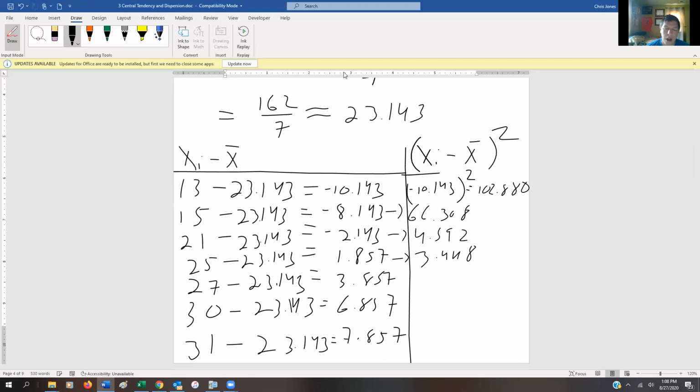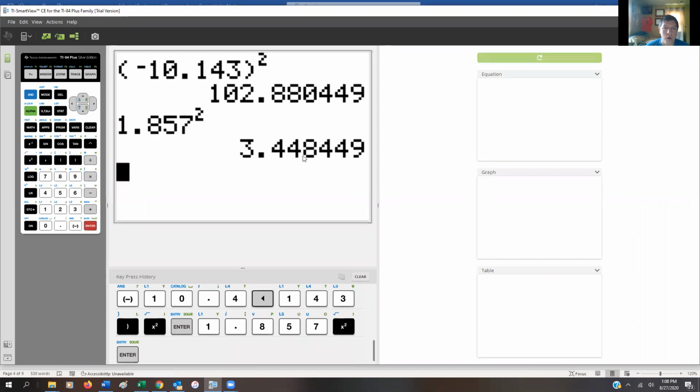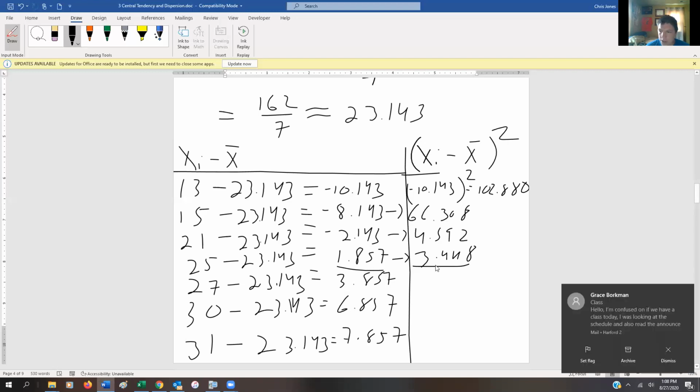Just to illustrate again how to go from here to here, all I'm doing is taking 1.857 and squaring that number. And that gives us 3.448. So again, all we're doing is squaring each of the numbers to get each of those.